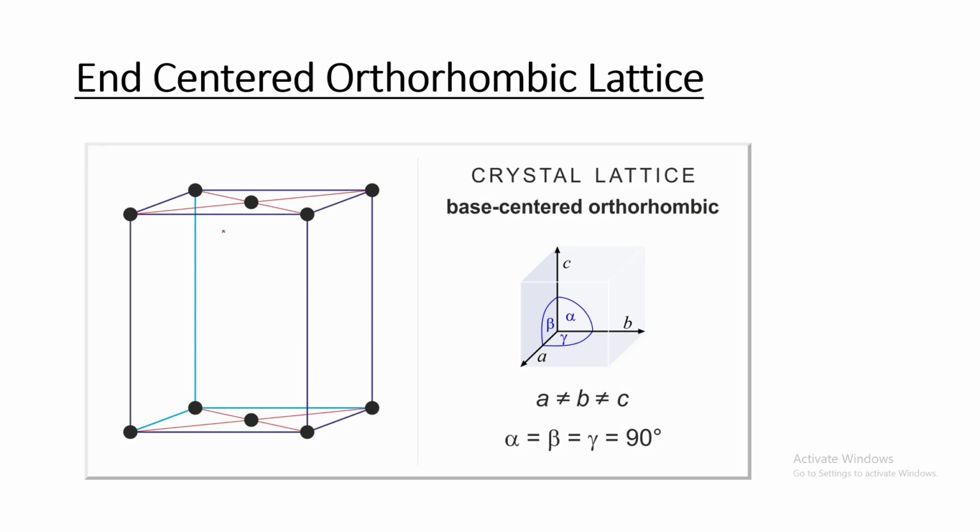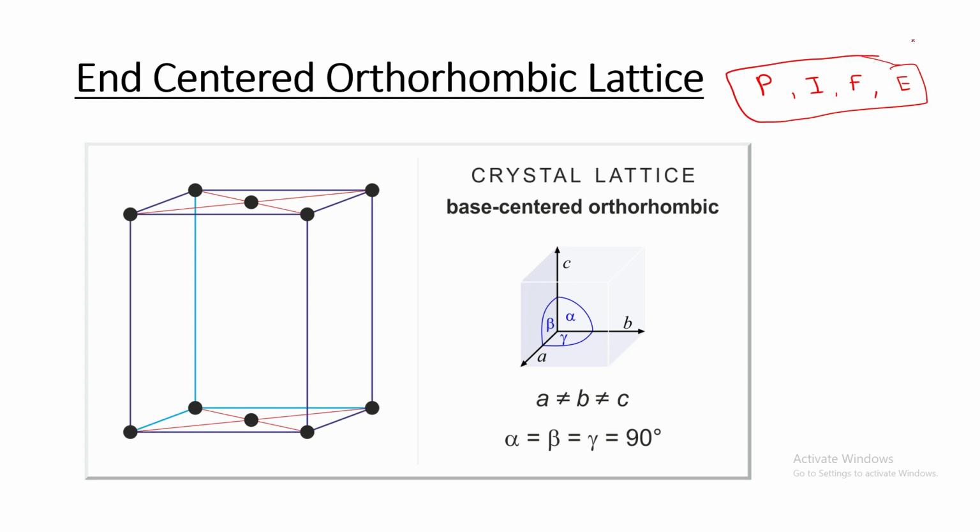Now let us look at the end-centered orthorhombic lattice. I told you we have the simple P lattice, then the body-centered I lattice, then you have the face-centered lattice, then you have the base-centered orthorhombic lattice. This can be called the E lattice or C lattice, the end-centered lattice. These are different types of lattices.